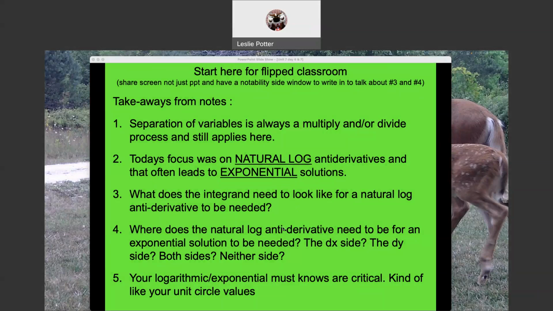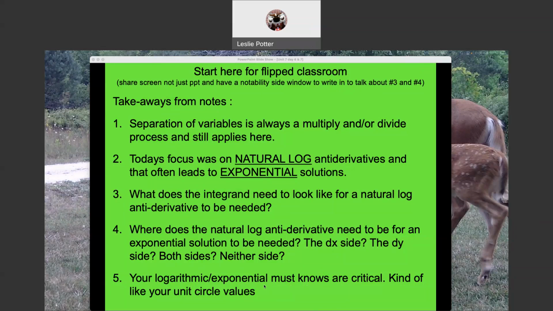Okay, so I kind of went over what the integrand needs to look like for a natural log antiderivative to be needed, right? If we have a natural log antiderivative, we have a 1 over y or a 1 over 2y plus 7 or something like that. On the dx side, we'd need like a 1 over x, so that sort of thing. So your knowledge of exponentials, we're going to have to dust off that knowledge. That's important.